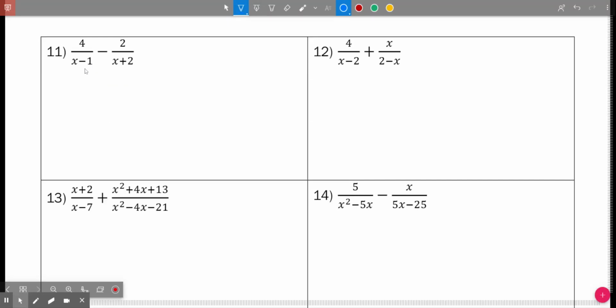In number 11, I need my first term to have an x plus 2 in the denominator, and I need my second term to have an x minus 1.